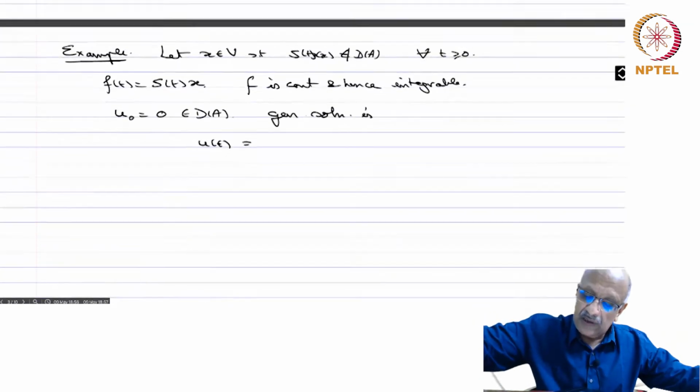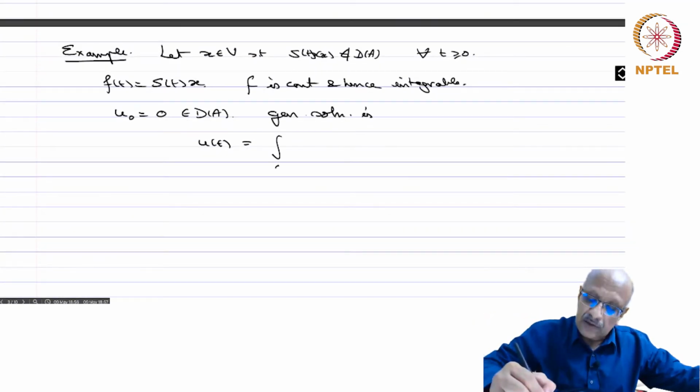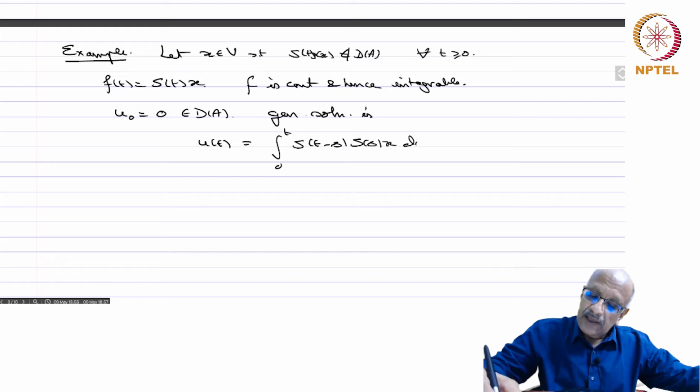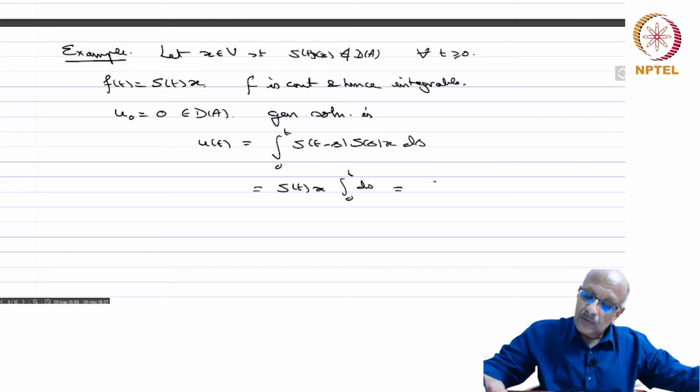So, this is equal to integral 0 to t S(t minus s) S(s) x ds, which is equal to S(t) x integral 0 to t ds, which is equal to t times S_t of x.